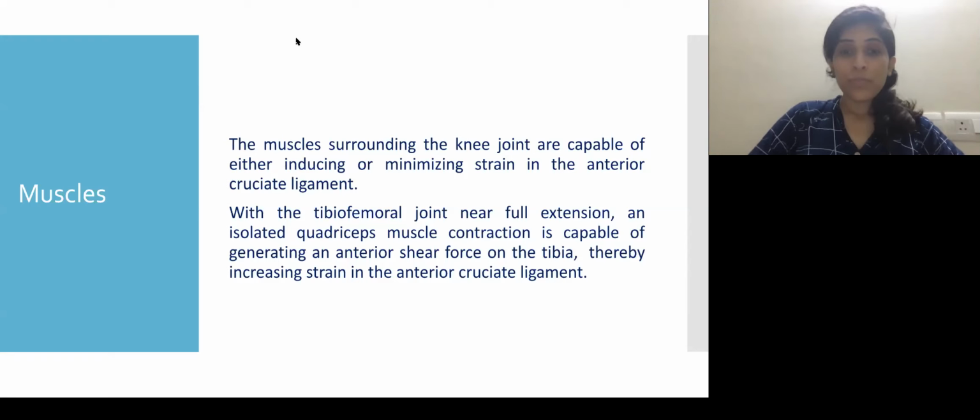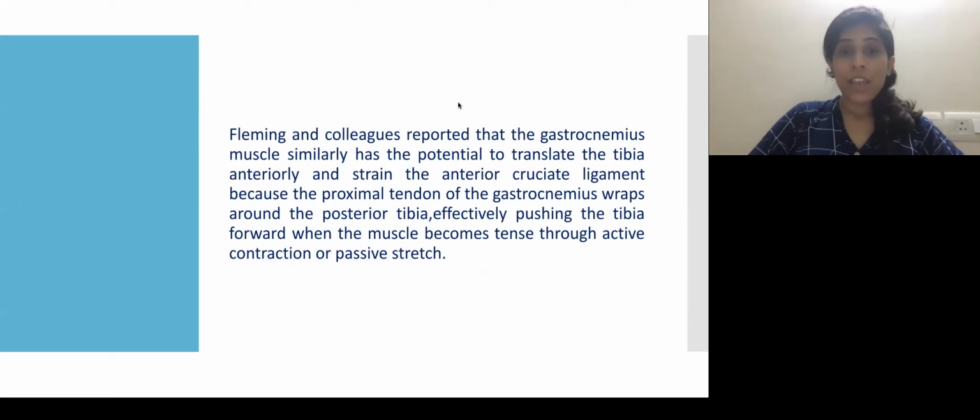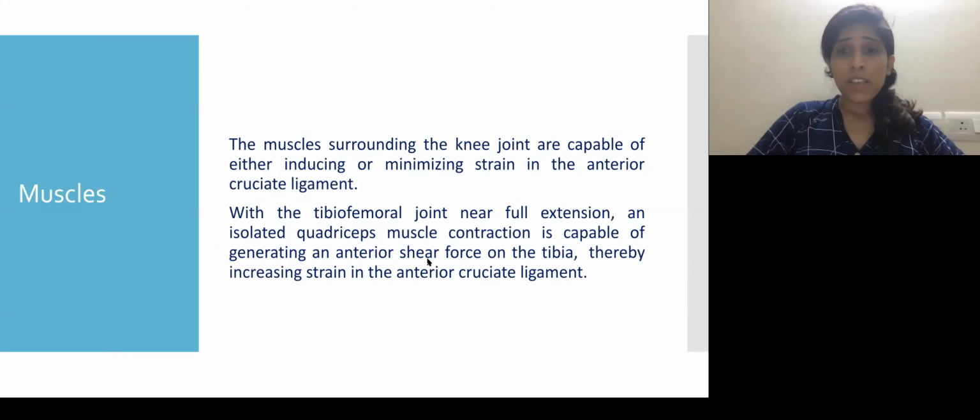So with this we can say the muscles which are present in the knee complex, surrounding the knee joint, are capable of either inducing or minimizing the strain in the anterior cruciate ligament.